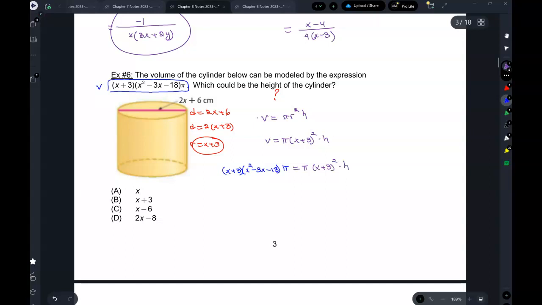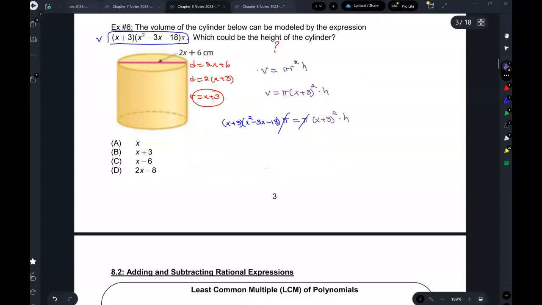Okay, so look. The pi's cancel. So what's h equal to? H is equal to this blue over x plus 3 squared. Right? You divide both sides by x plus 3 squared. Everybody with me? But now, can we factor this?